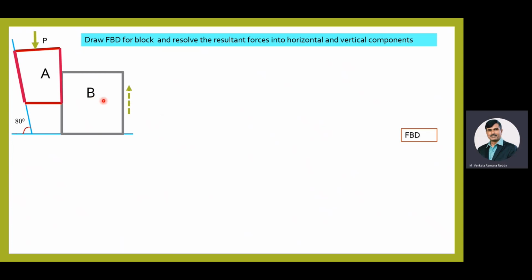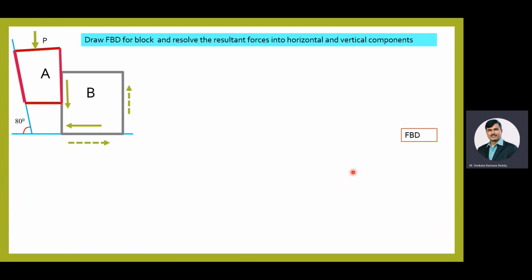So the frictional forces act opposite to the movement of the block, that is, downward along the contact surface of the wedge. As the block tends to move rightward on the floor, the frictional force between block and floor acts leftward. With this basic concept, we'll start drawing the free body diagram for the block.